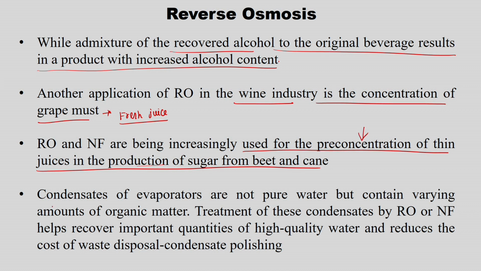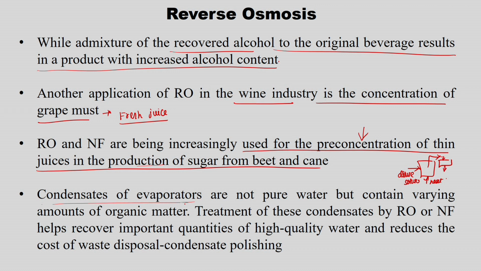And condensate of evaporators. So, evaporator we have seen, right. So, we take the dilute solution and we apply heat, right. So, the water gets evaporated, right. So, when you further condense that water, that is called evaporator condensate, right.